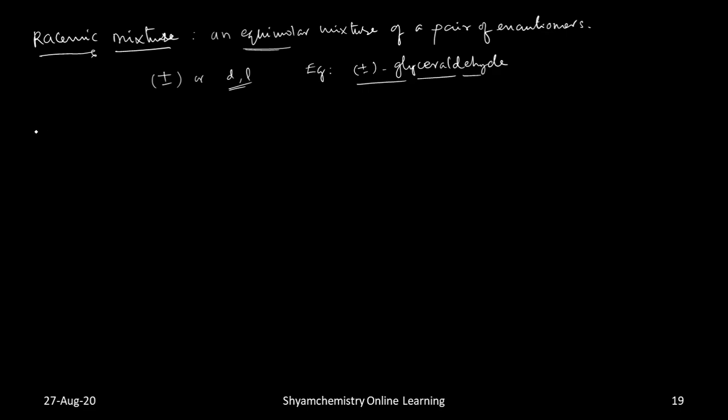Coming to racemization. In order to get a racemic mixture, we have to mix up dextro and levo compounds, right?